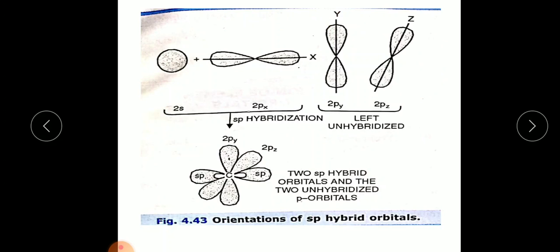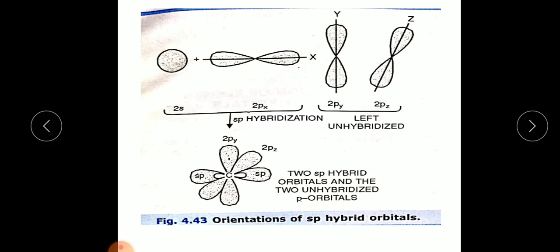When one s and one 2px hybridize, it gives two hybrid orbitals which orient themselves in a straight line, in a linear way, whereas py and pz, which are left unhybridized, remain perpendicular to the internuclear axis. So this is py and this is pz.